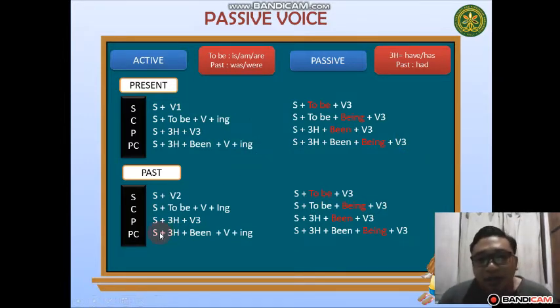Later we will explain the examples of each tense.